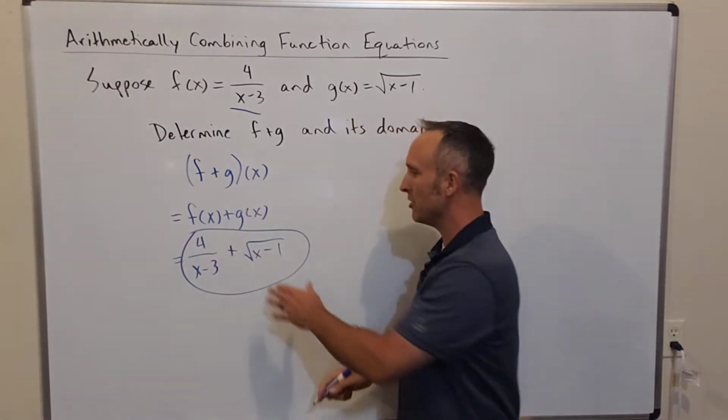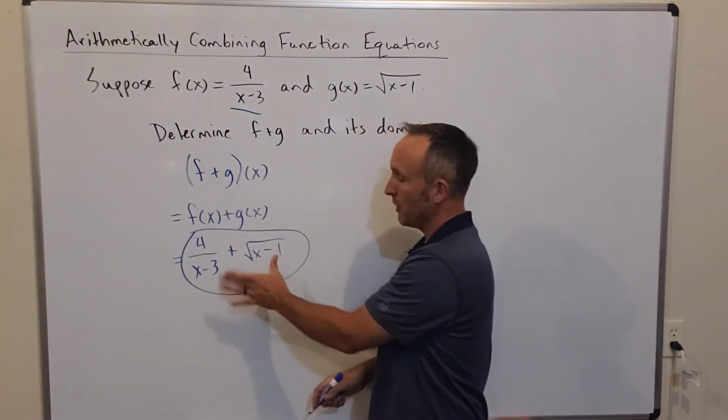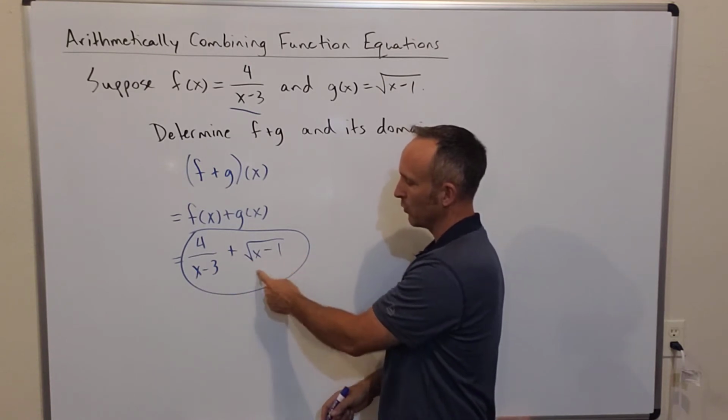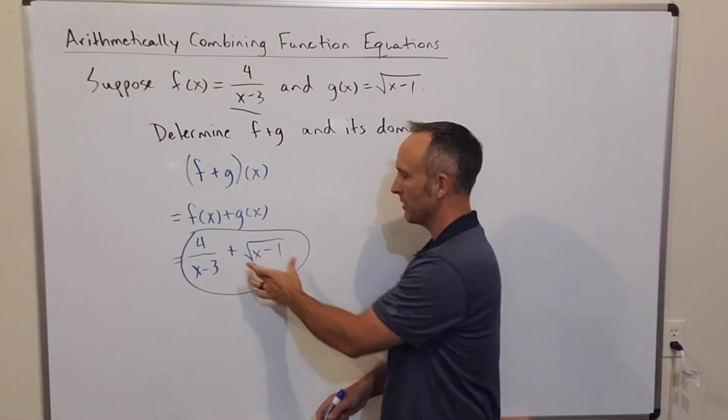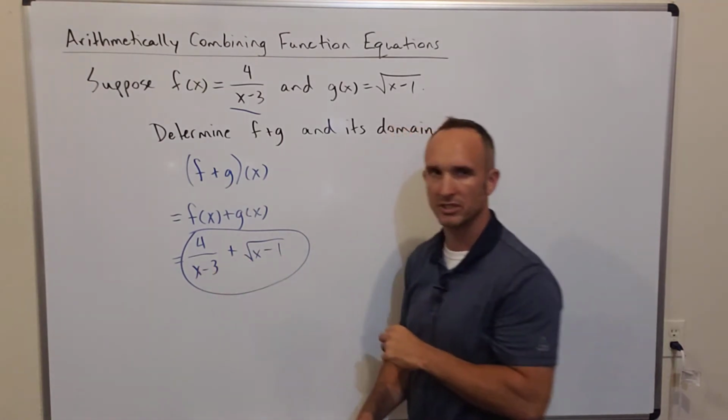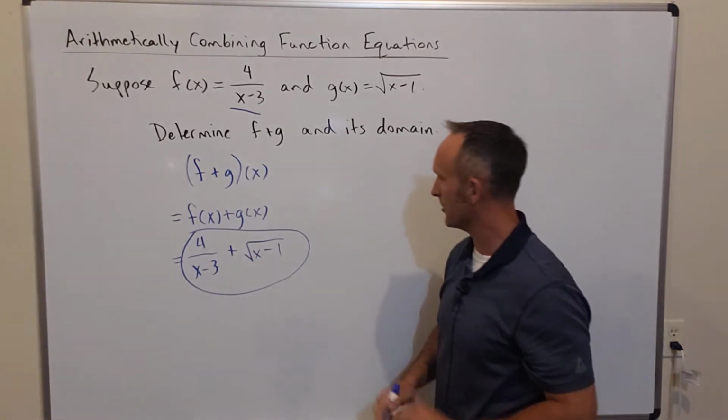Now, we don't need to do any simplifying here. If we wanted to, we could make this square root into a fraction by putting it over 1. You can always turn something into a fraction by putting it over 1 and then getting a common denominator and putting those together. I don't see any need for that here.